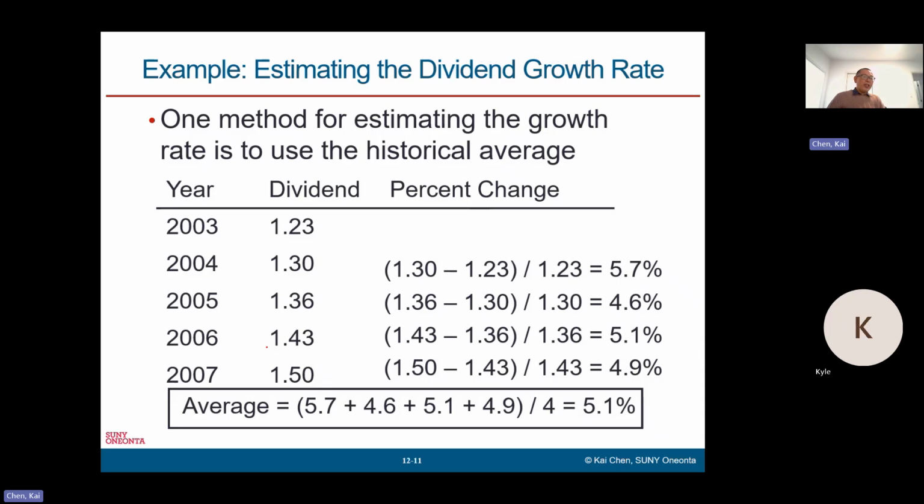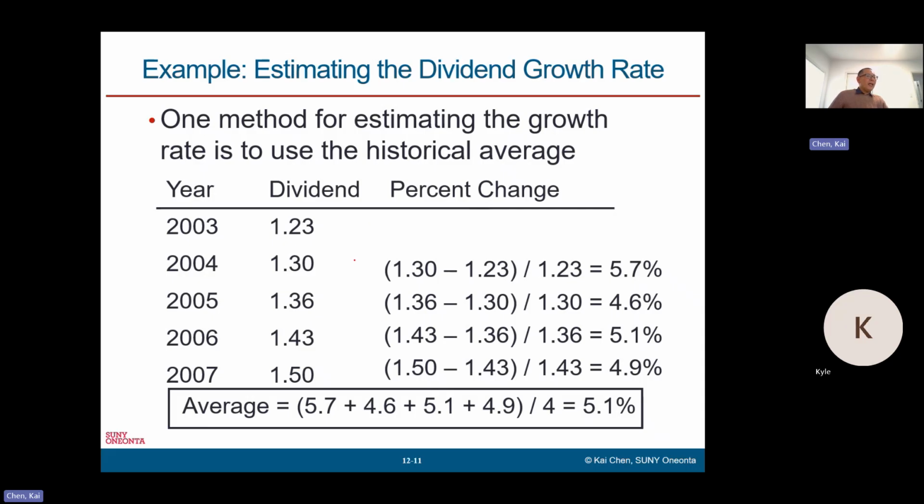For the sake of simplicity, I assume that dividend has been issued on a yearly basis, at the end of each year. Now, I have observed the 2003 dividend is $1.23, and the 2004 dividend $1.30, and on and on. The numbers are listed in this column.